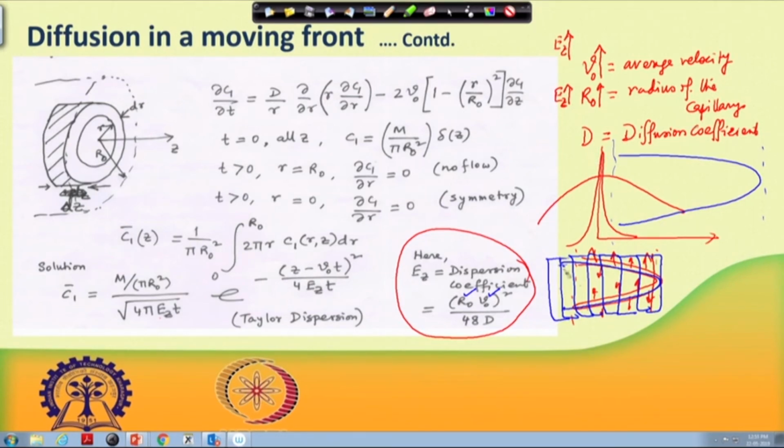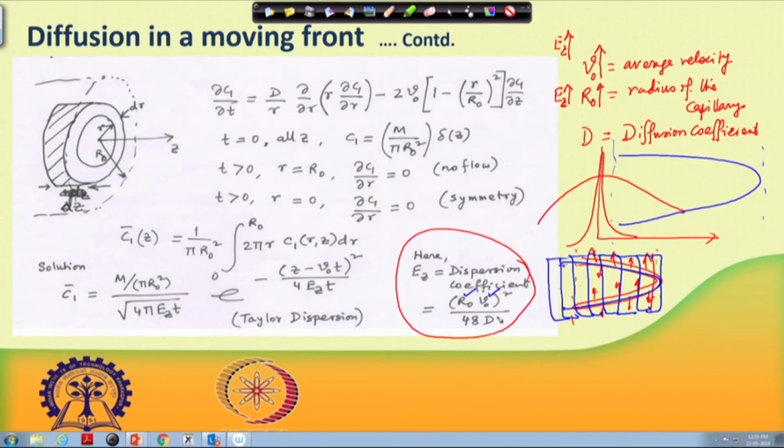Whereas in case of tailored dispersion, that means when the flow is not uniform but follows a parabolic velocity profile, a higher diffusion coefficient means less stretching. Sorry, a higher diffusion coefficient means the dispersion coefficient would be less, and a lower dispersion coefficient means the total effect on C1 bar would be less.